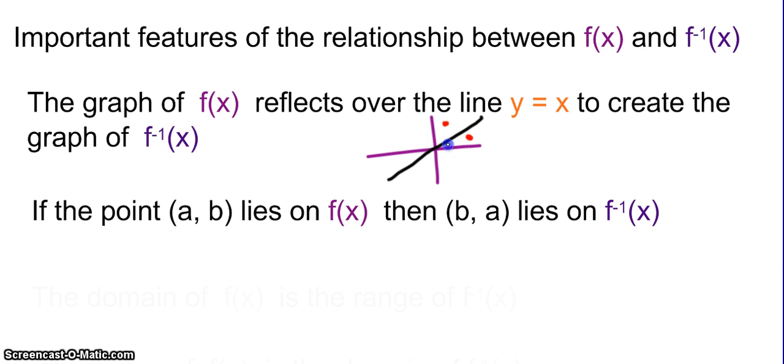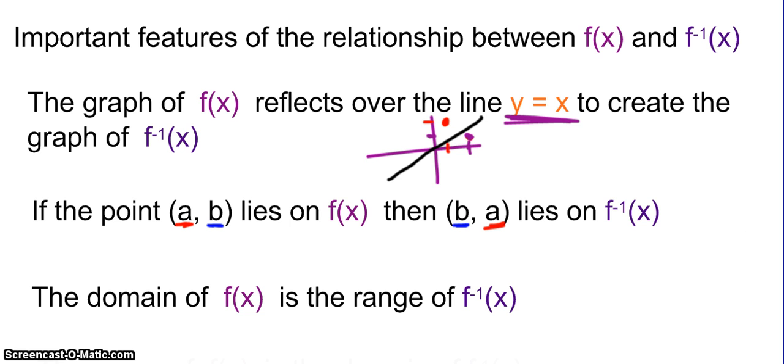Well, same thing. If I go over and then up to get to this point, I'm now going to go over this amount and up this amount to get my reflected point. You're reflecting over the line y equals x, which means that your y value now becomes your x value, and your x value now becomes your y value.